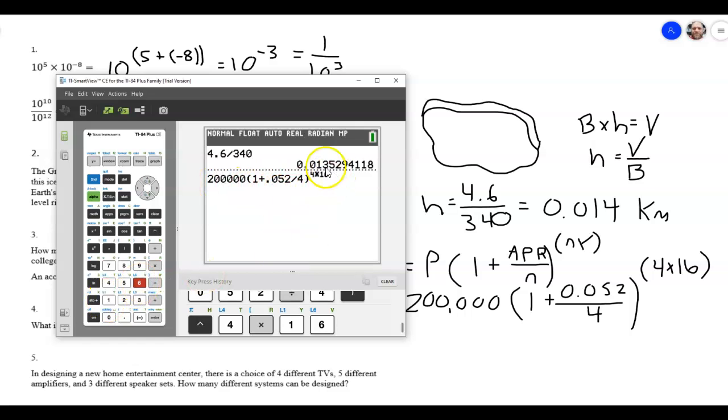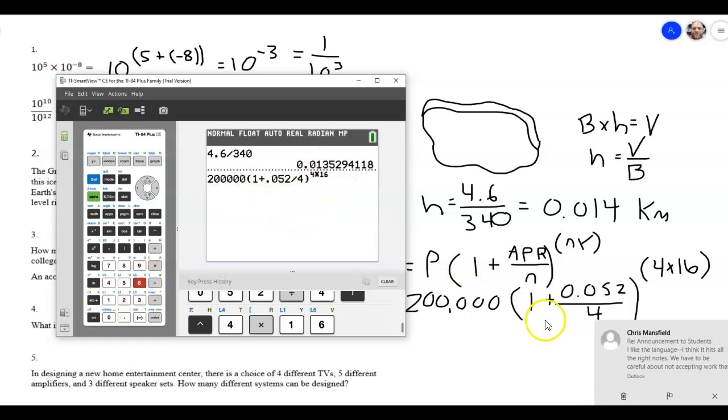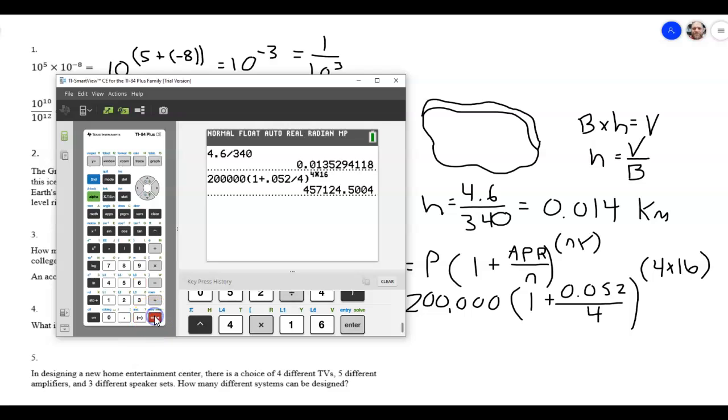And I just put it in all just like it is there, and hit enter. And so this is how much we would have after 16 years. $457,125 if we round it to the nearest dollar. If we round it to the nearest cent, it would be 124.50.